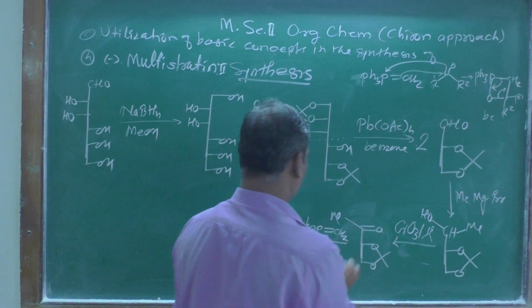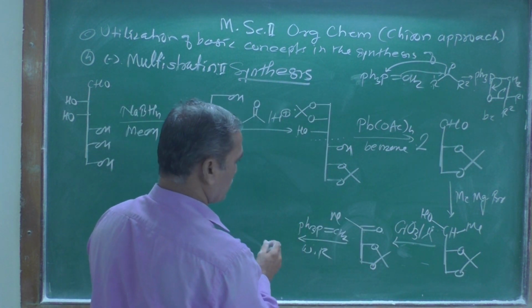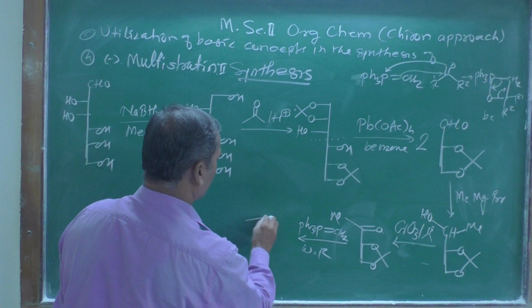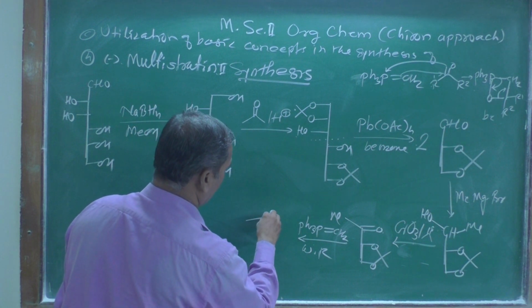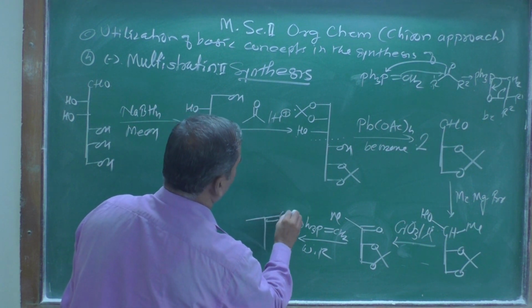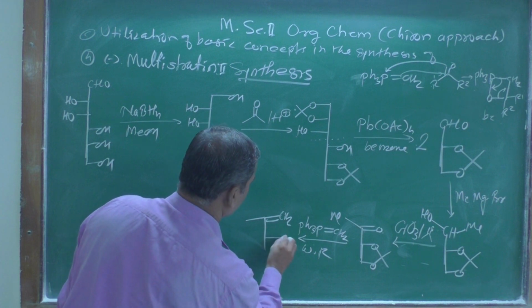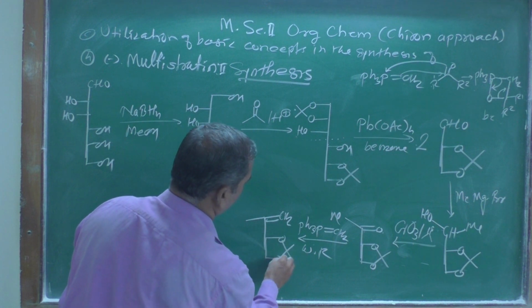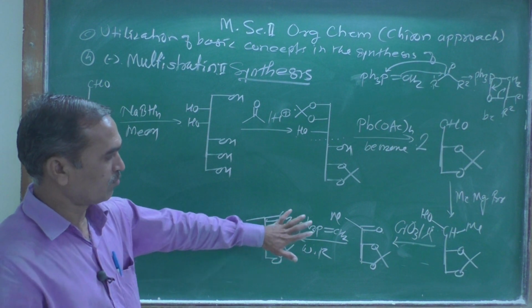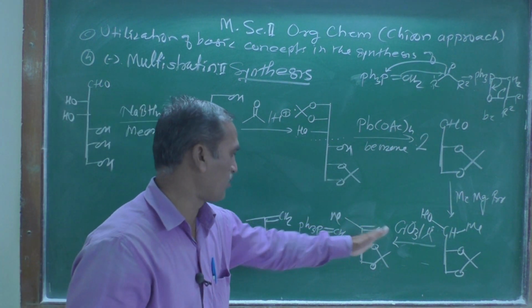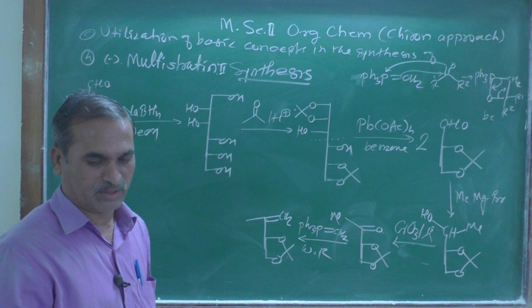So by showing this one, what do you get? You are going to get this double bond CH2 and then O. This is what we are converting that carbonyl group into, an olefinic group, right?